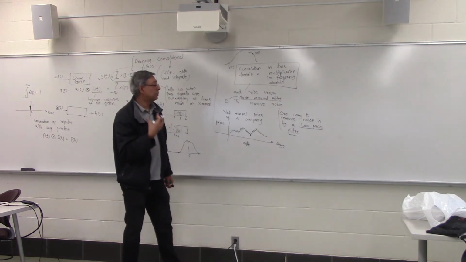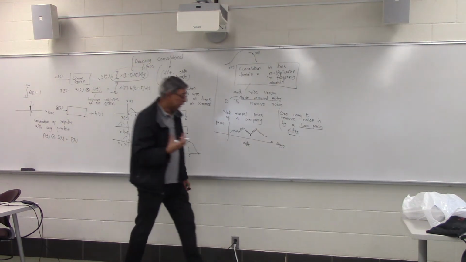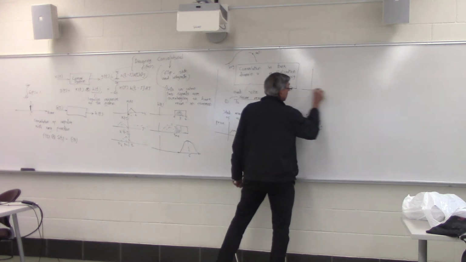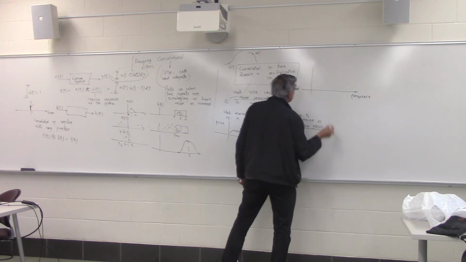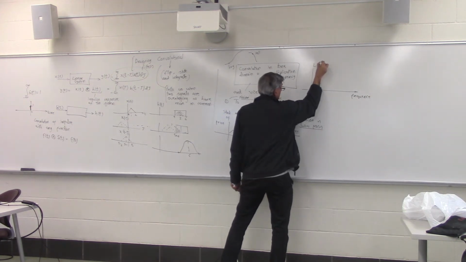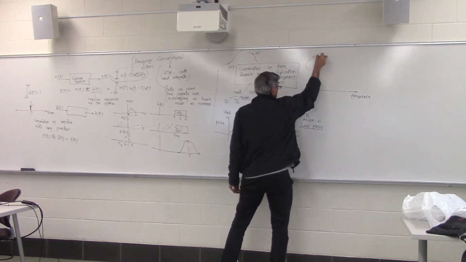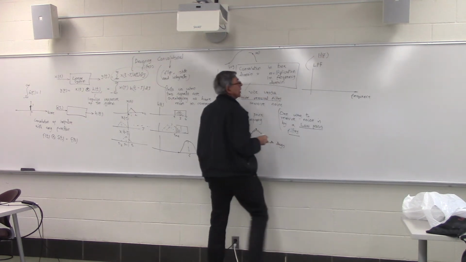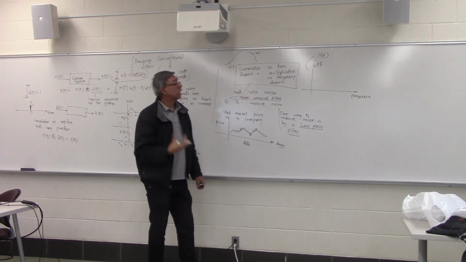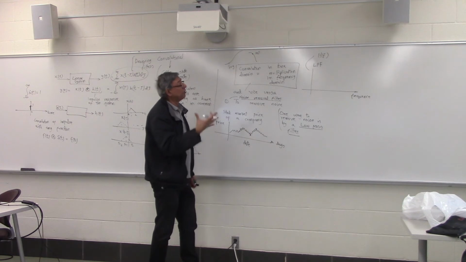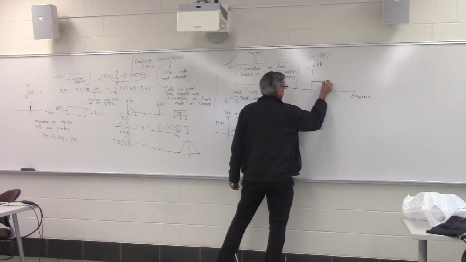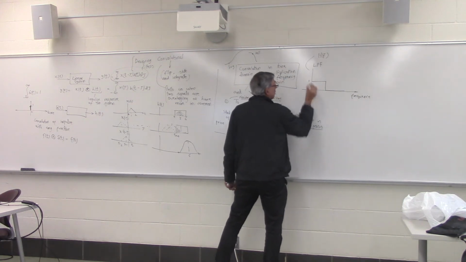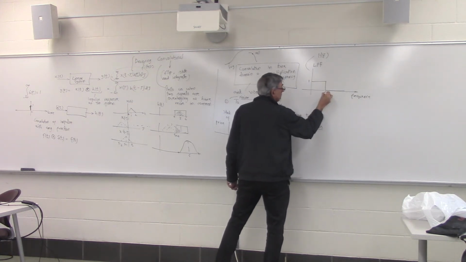If we take a look at the behavior of a low pass filter in the frequency domain, if this is the frequency, okay, the low pass filter, suppose this is called H of F, that's the impulse response of the filter in the frequency domain. It will look something like this. Okay, there will be some cutoff frequency.